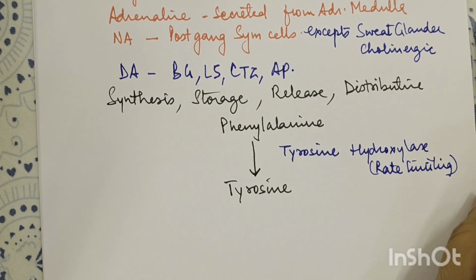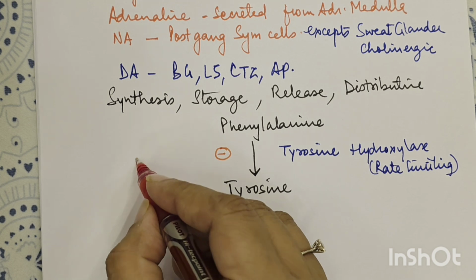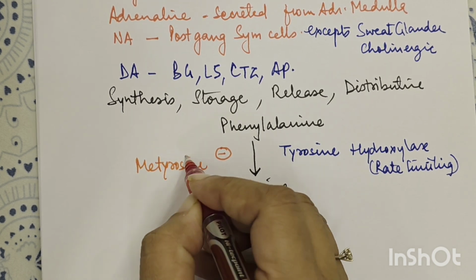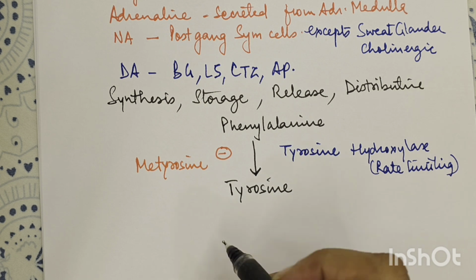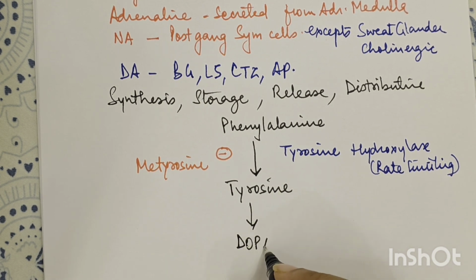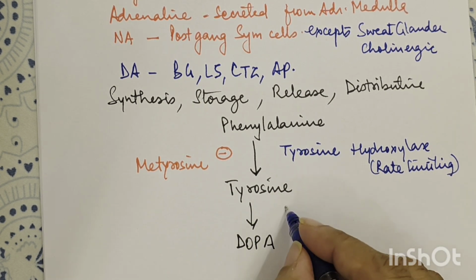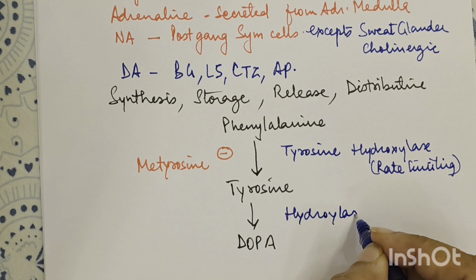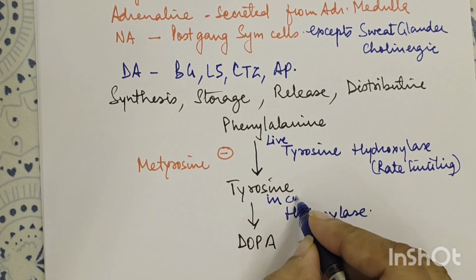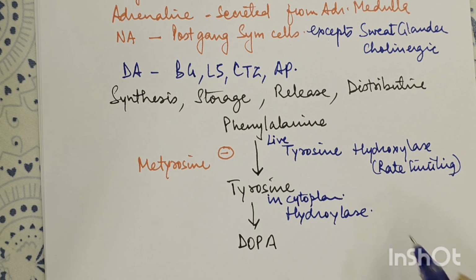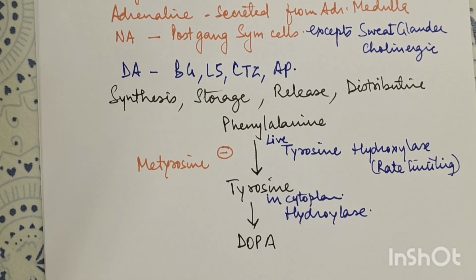This enzyme is inhibited by tyrosine, so this will inhibit the whole synthesis of catecholamines because it is a rate limiting enzyme. Then from tyrosine, dopa is synthesized by the enzyme hydroxylase. This step occurs in the cytoplasm of adrenergic cells, or you can say the presynaptic fiber cytoplasm.